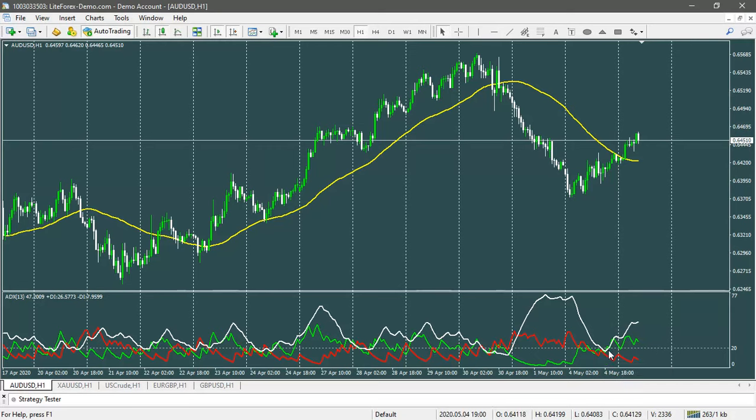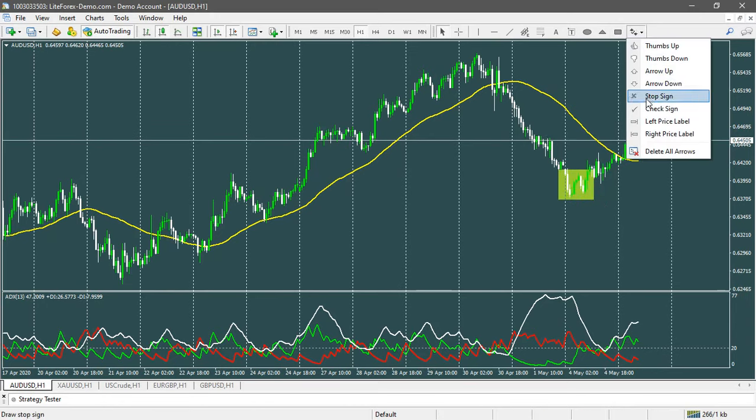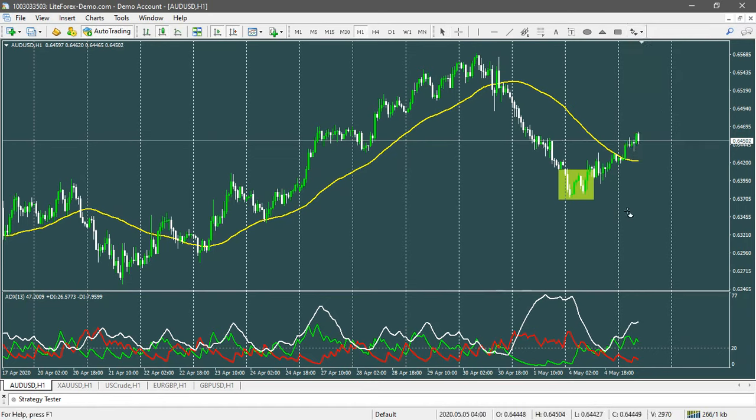However, when you look down here at this fractal, let me just mark this out, this fractal right there, you realize that price generally begins to move in the opposite direction, upwards.